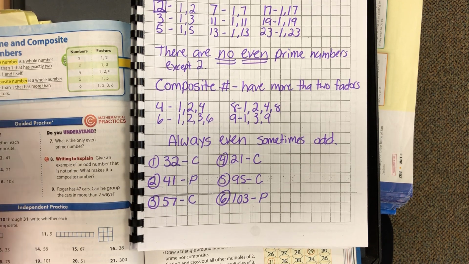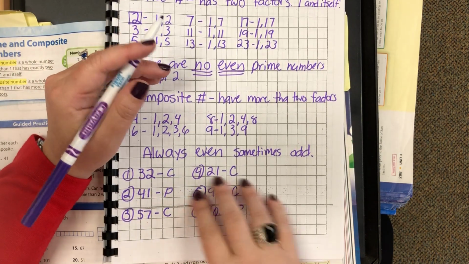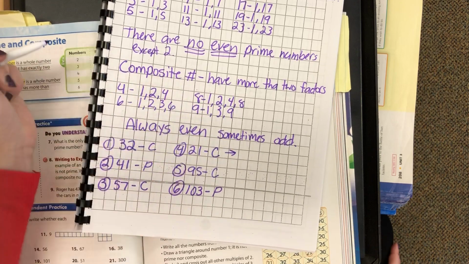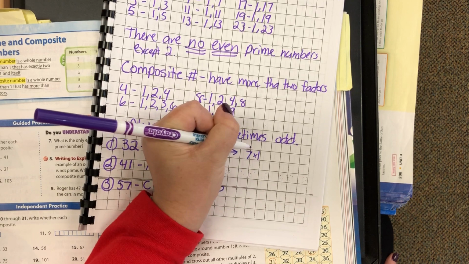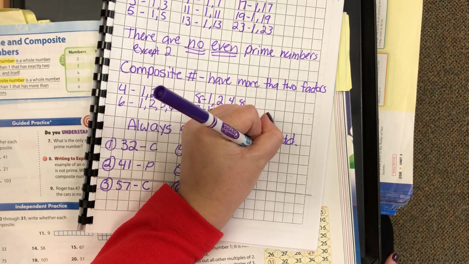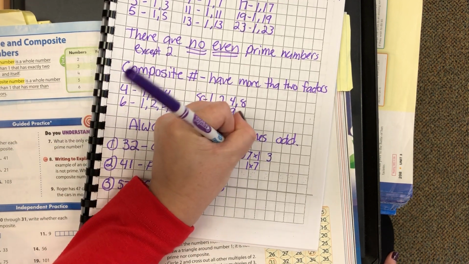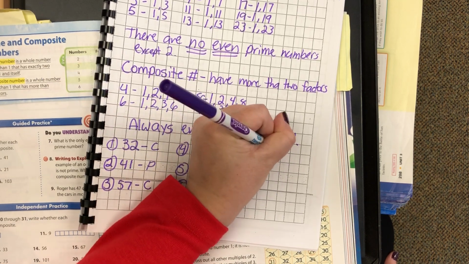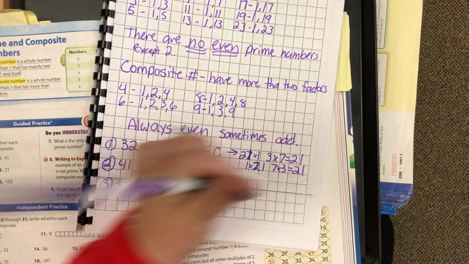Okay? Now, the only thing that's going to be confusing is when it asks you how many groups can be made. So let's say for 21, how many groups? So I can go, okay, 7 times 1, 1 times 7, 3 times 7. 21 times 1, and 1 times 21, and then 3 times 7 is 21, and 7 times 3 is 21.